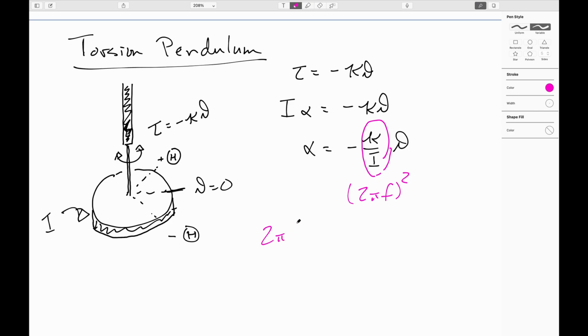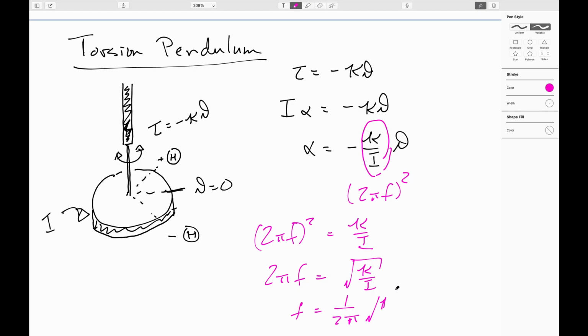We can say that (2 pi f) squared is equal to kappa over I. Take the square root of both sides. 2 pi f equals root kappa over I. And f equals 1 over 2 pi times root kappa over I. Cool.